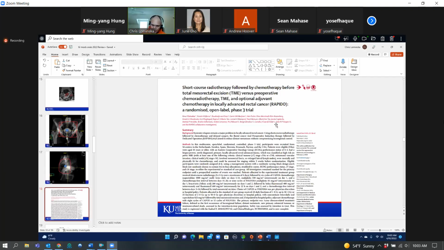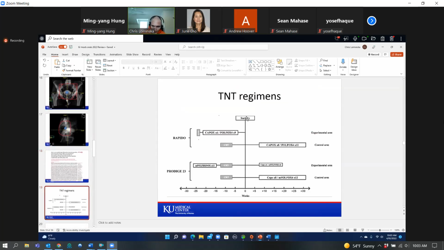I would be familiar with the RAPIDO regimen, which was published in the Lancet Oncology in 2021. And I have the schema for both RAPIDO and PRODIGE below. RAPIDO was a comparison of long-course chemoradiation versus short-course pelvic radiation, followed by chemotherapy, followed by surgery, which was the experimental arm.